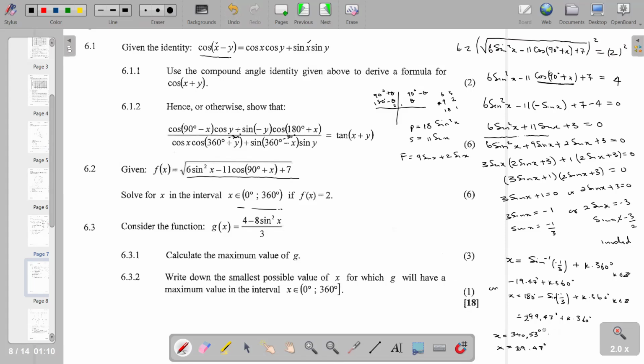So based on the range that we have provided, those are the two solutions for our answer. Sorry, it's 199. Make sure here we got that one. It's 199, not 19.